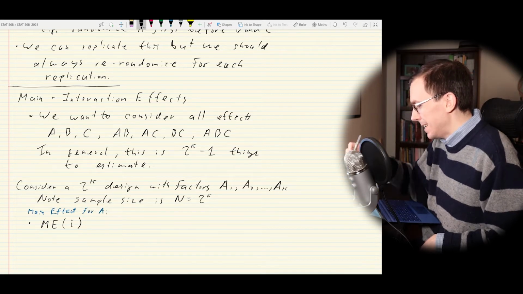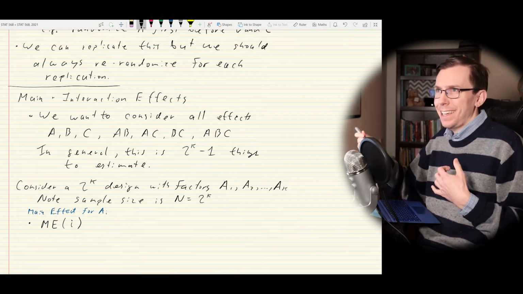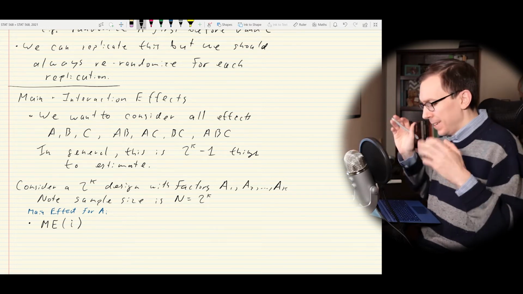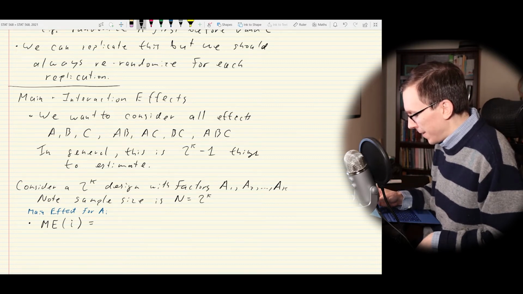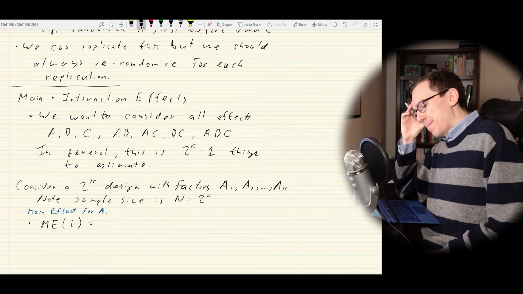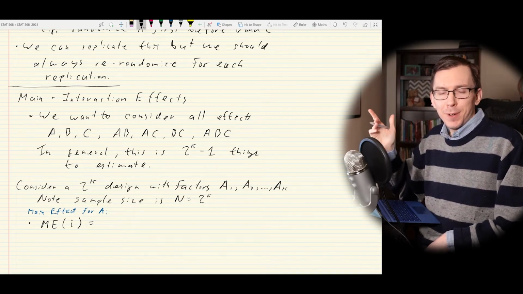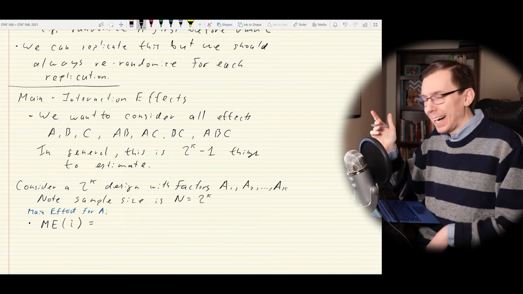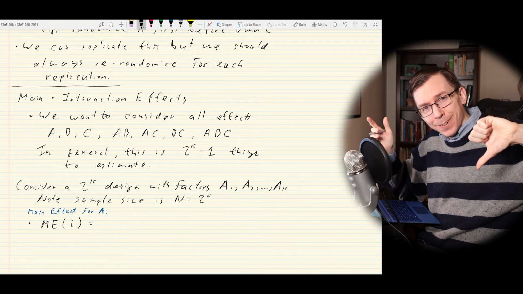Because I'm indexing the factors 1 through k, I'm not going to write a in there. I'm just going to say I for the ith factor that we're testing. Now, okay, so what would the main effect be? Well, in some sense, it's the difference between what happens when AI is at the plus level and when AI is at the minus level.